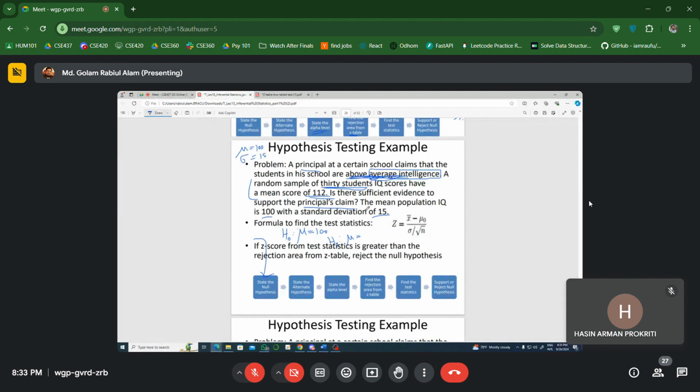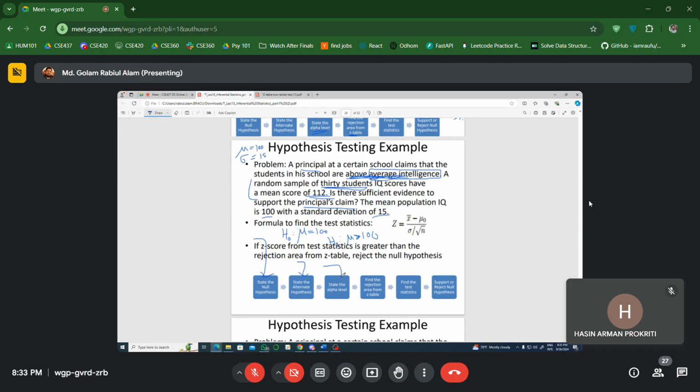Above average intelligence means greater than the null hypothesis value, so we write mu greater than 100. So this is our null hypothesis, and we have already defined our alternate hypothesis also.